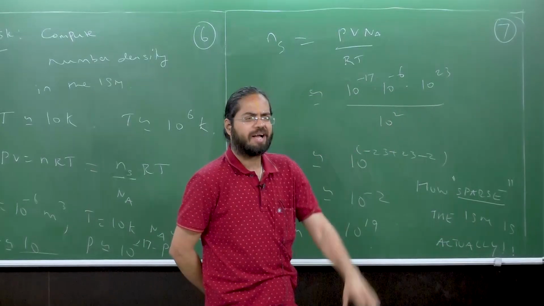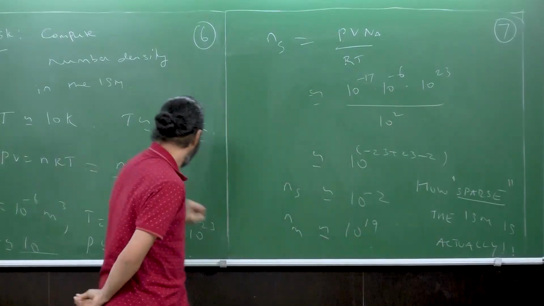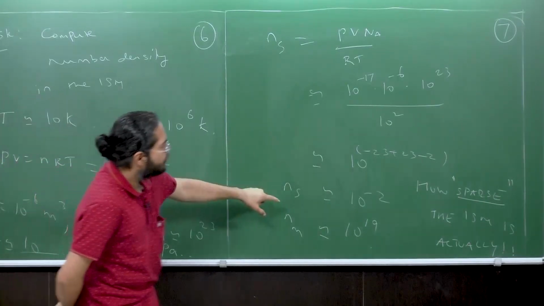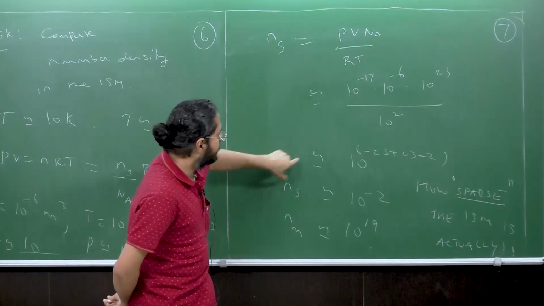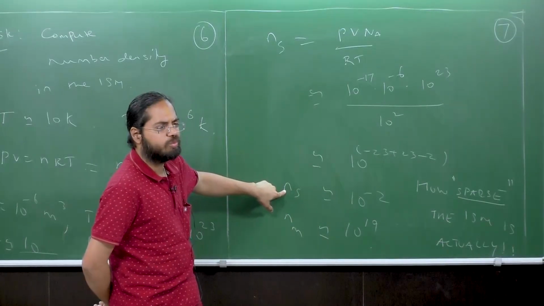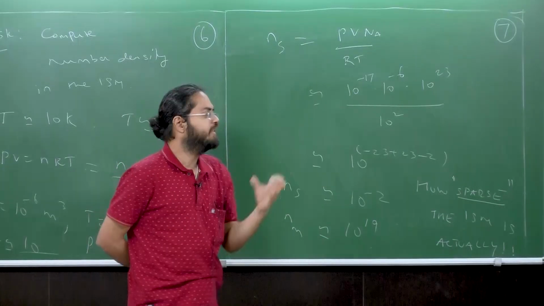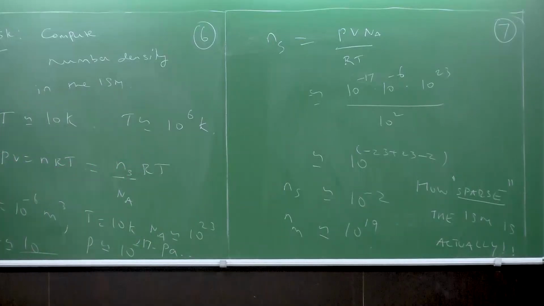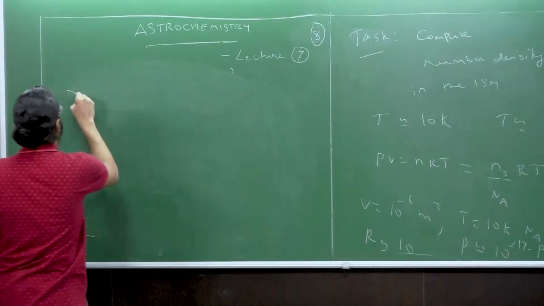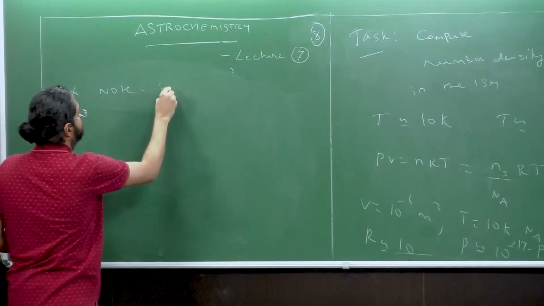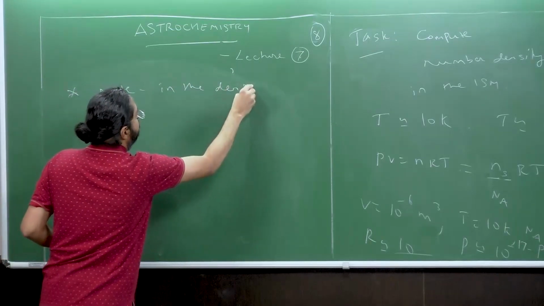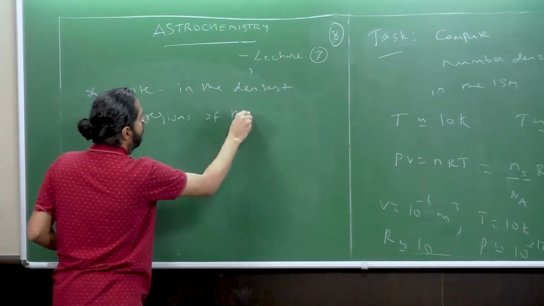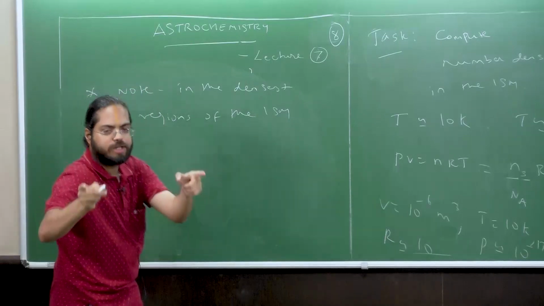In fact, I'll give you a fact. I had given you some value of the pressure, and from this calculation, the number density we calculated was 10 to the power minus 2. It turns out that in the densest regions of the ISM, what are they likely to be?